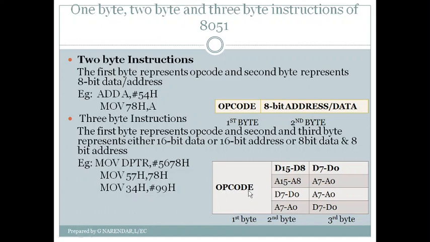So we can say this is the format: opcode, second byte address A7 to A0, third byte data D7 to D0. So all the instructions for 8051 will fall into one of these categories: either a 1 byte instruction, 2 byte instruction, or 3 byte instruction maximum.